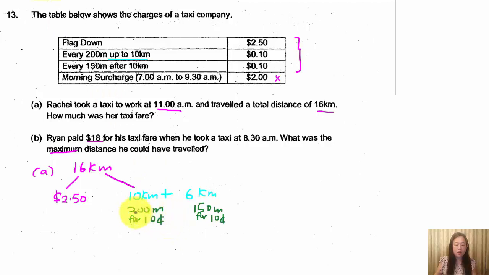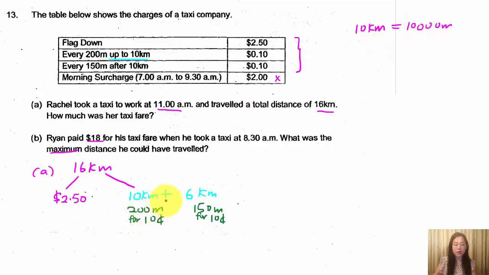So our job now is to think about how we divide this to find the number of sets. 10 kilometers is equal to 10,000 meters.